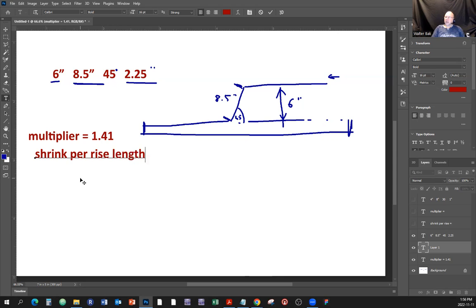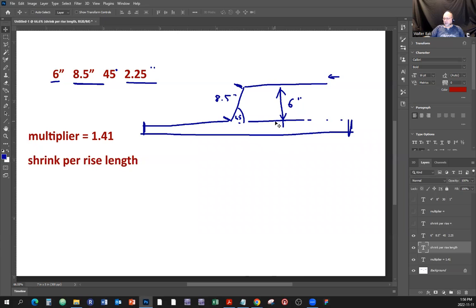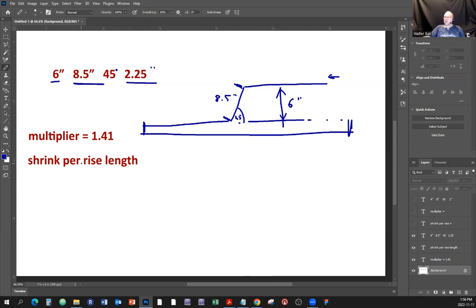If we are working with inches, we're going to work with inches. If we're working in centimeters, we're going to specify that in centimeters. But let's work with inches right now. Shrink per rise, so it's going to be shrink per inch, per every inch of rise.